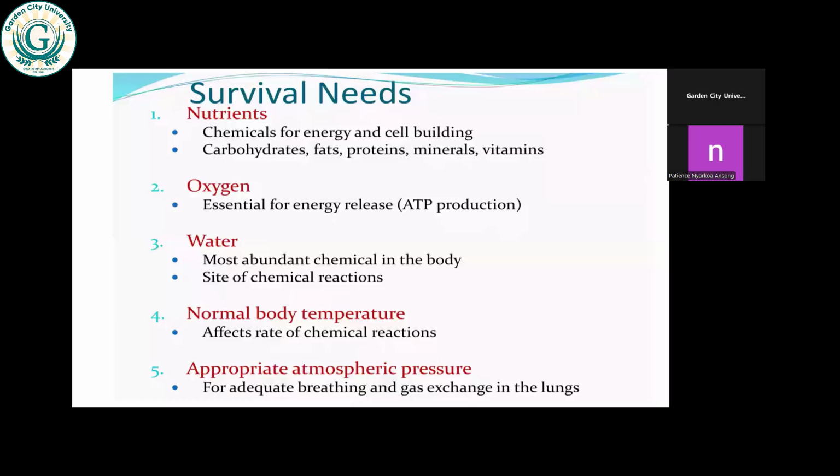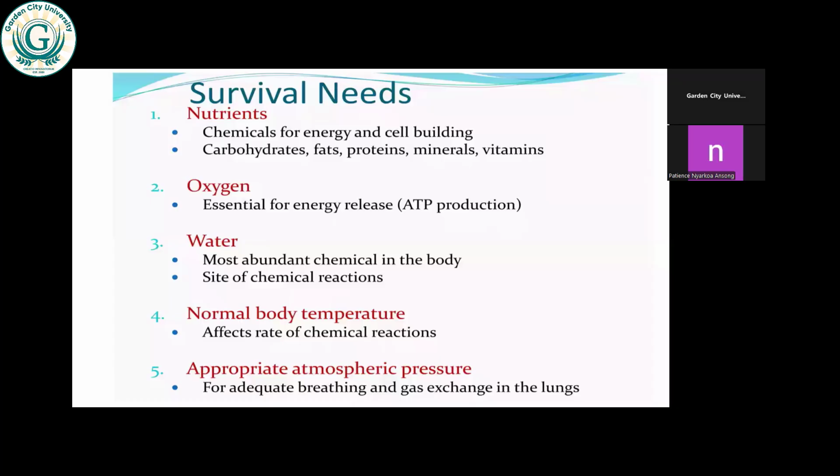Then we have oxygen, essential for ATP production. Water is also life, which helps with chemical reactions. Another survival need is normal body temperature, essential for optimal cell and tissue function. Then we have appropriate atmospheric pressure, essential for gas exchange in the lungs.